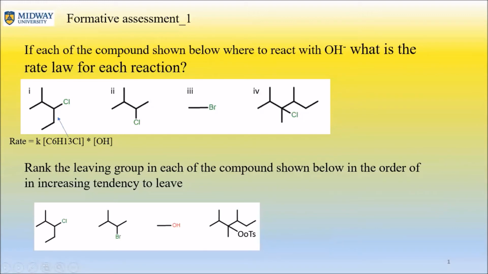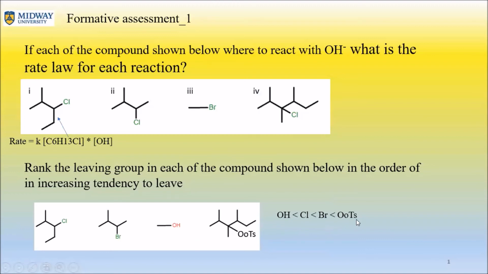You can go ahead and pause the video at this time and recoup your knowledge from video 1, and then see if you can rank them, and then continue to watch the video to find the answer to the problem. As we see, OH is the group that has the least tendency to leave, and then you have your Cl, and your Br, and then you have your OTs. You do not have to remember which one is a bigger group.